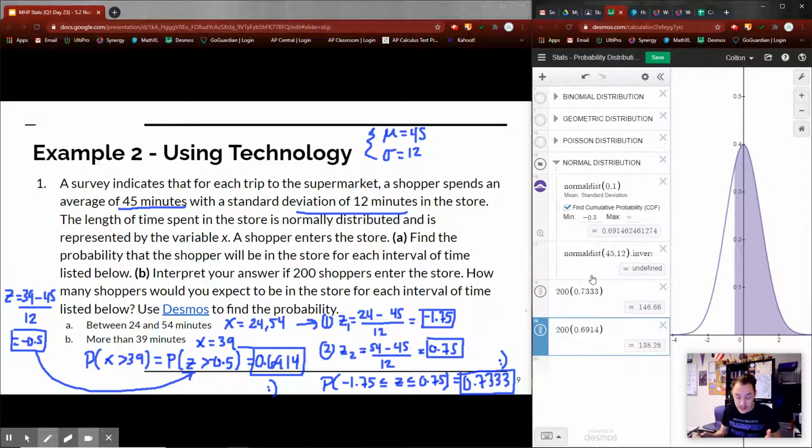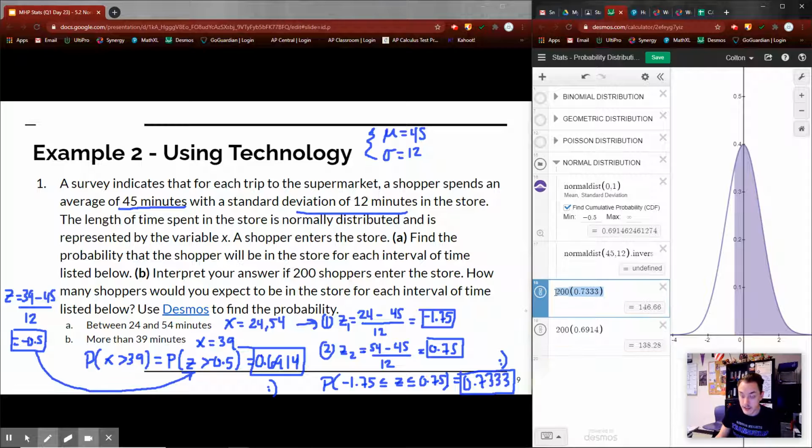So that's what that means. If you have 200 shoppers, you would roughly expect 147 shoppers in the store.